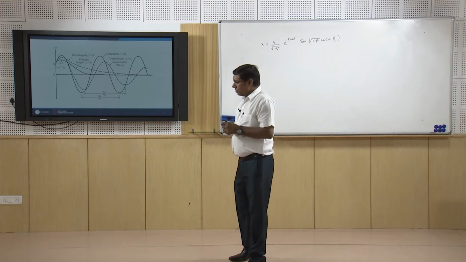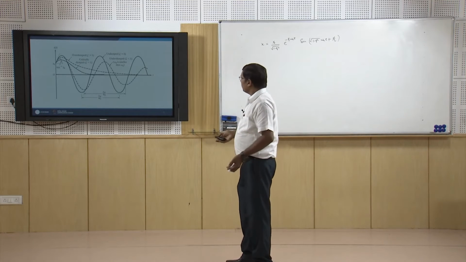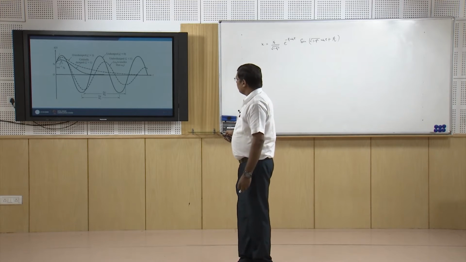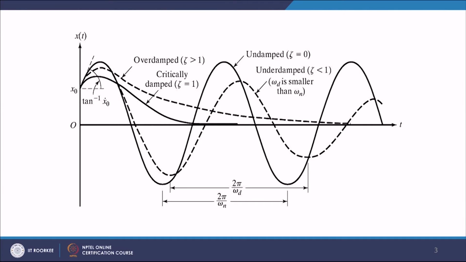All three responses can be compared in the figure shown here. We see the overdamped system, zeta greater than 1, where through all the initial conditions the response reaches equilibrium, or 0, in this amount of time. Then the critical damping, zeta equal to 1, reaches 0 here.